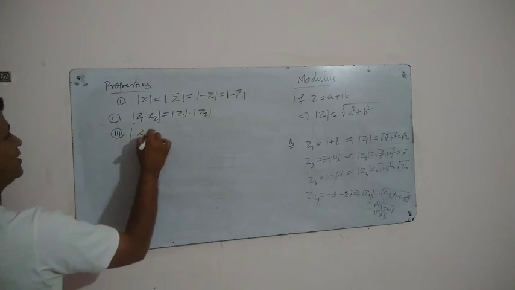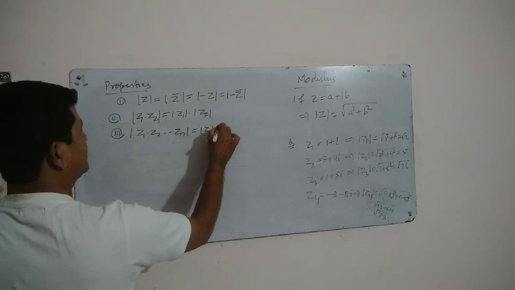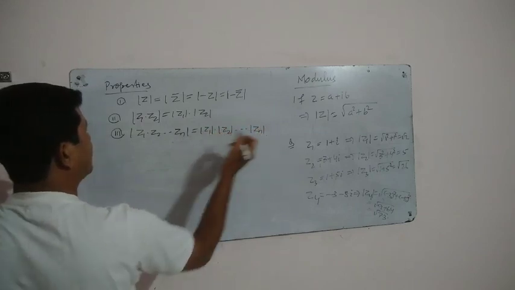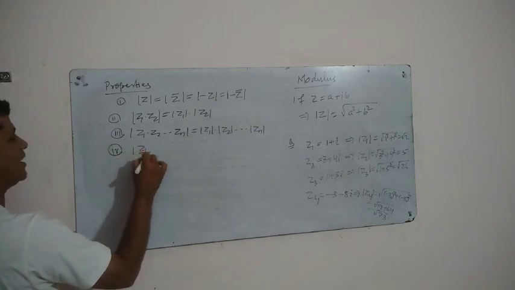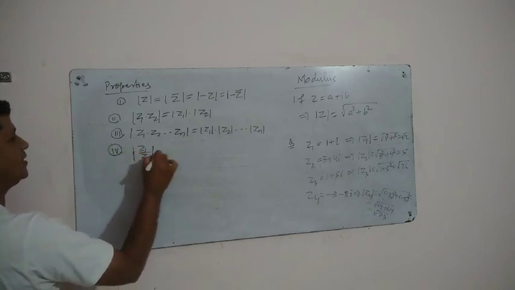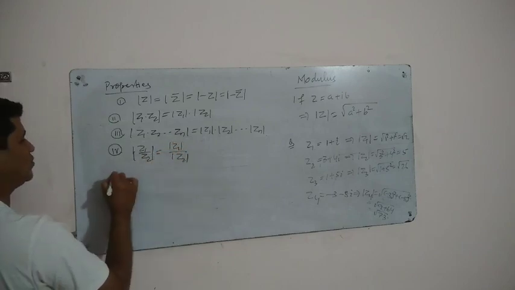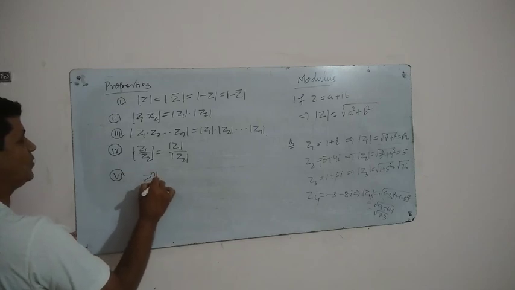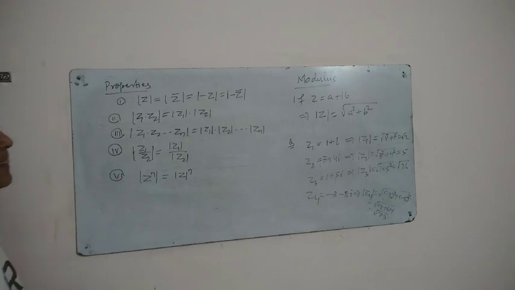Third, mod of Z1 into Z2 dot Zn is equal to mod Z1 into mod Z2 dot mod Zn. Fourth, Z1 by Z2 whole modulus is equal to mod Z1 by mod Z2. Fifth, Z to the power n whole mod is equal to mod Z whole to the power n.